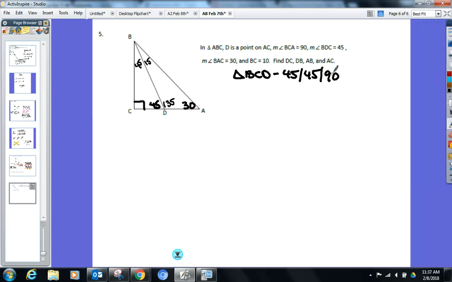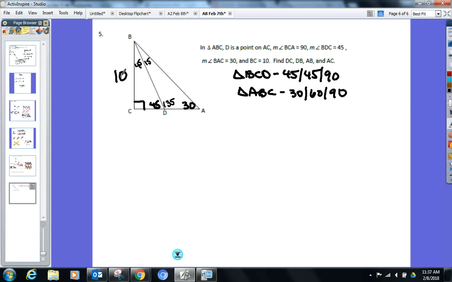Anybody see a 30, 60, 90 triangle in that diagram? Evan, name it. ABC, the big dog, right? Nice job. Oh, I forgot to label BC as 10. That's going to be pretty helpful.